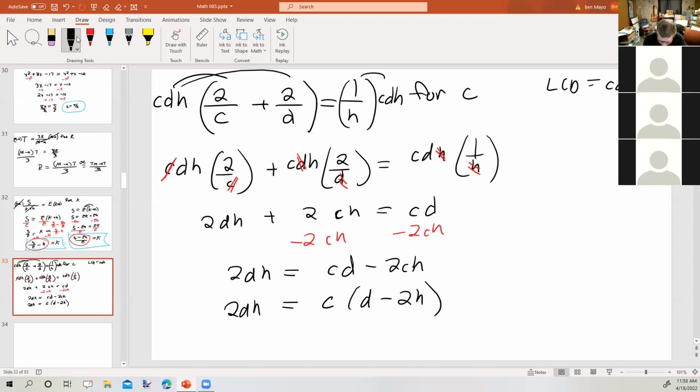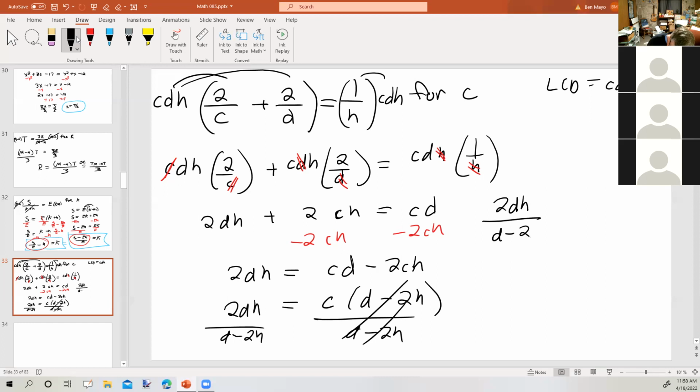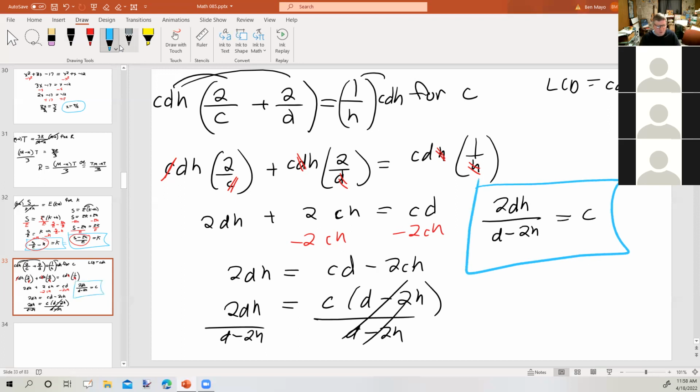What that allows us to do is to divide both sides by what's remaining, and we've solved for C. 2DH over D minus 2H equals C. So what did we do? We cleared the fractions. We got all the terms with the variable C on the same side of the equation. We couldn't combine them, but we could factor the C out of them and then divide both sides by what was left.